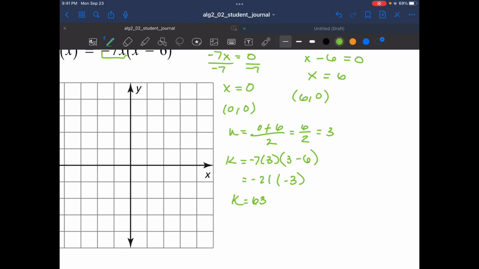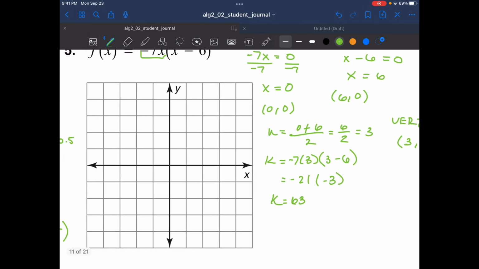I'm going to go ahead and double check that one because that seems a little strange, getting such a strange number once again. Let's see. Oh, yep, not crazy. Cool. So my vertex is at 3, 63. I'm not graphing that. I don't have time to graph that.